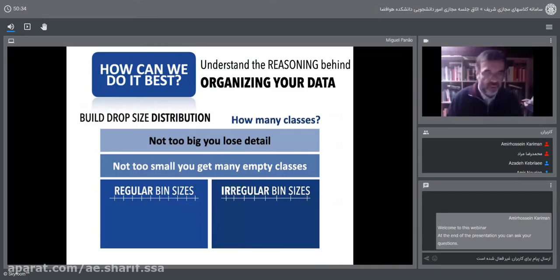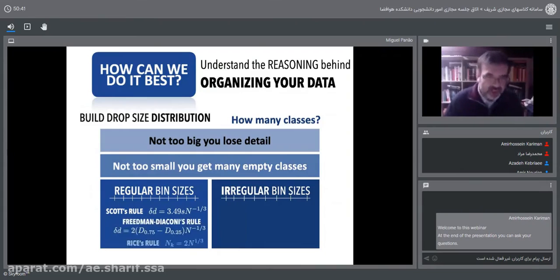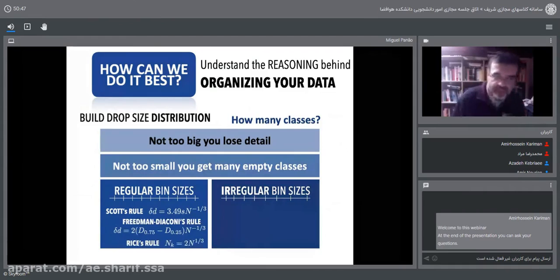Either you use regular bin sizes, and there are other rules available in the literature to help us decide. The first 2, the Scott and Freedman-Diaconis rules, give us a suggestion for the bin size, so the size between the lower and upper bounds of each class, and the Rice rule gives us the number of classes.